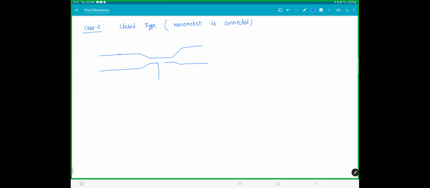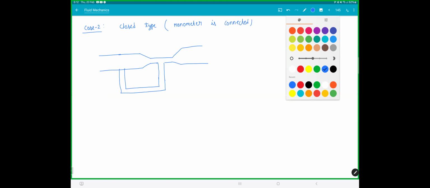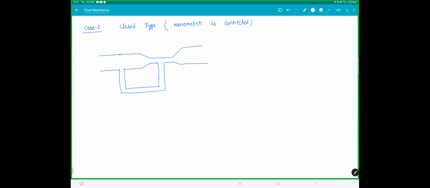So we have it like this. Again, remember this is a part of a pipe. This is not a full pipe. So here we have a liquid or some gas flowing through the pipe.